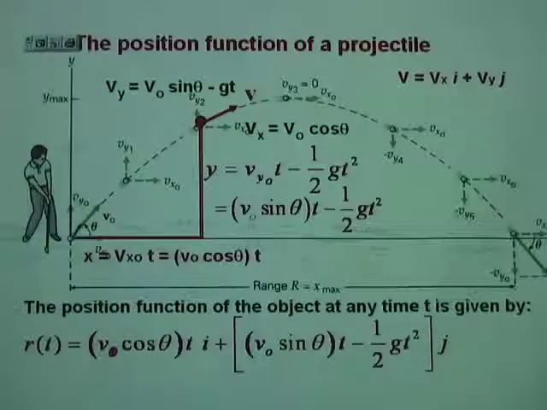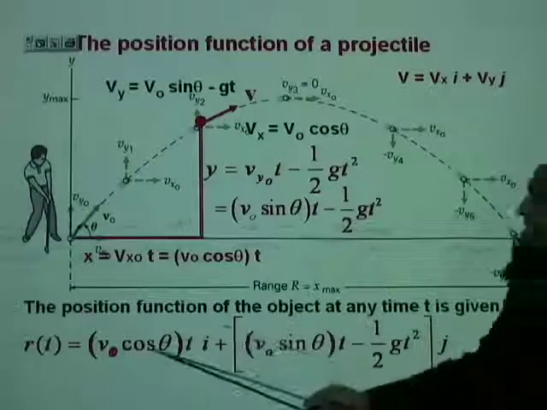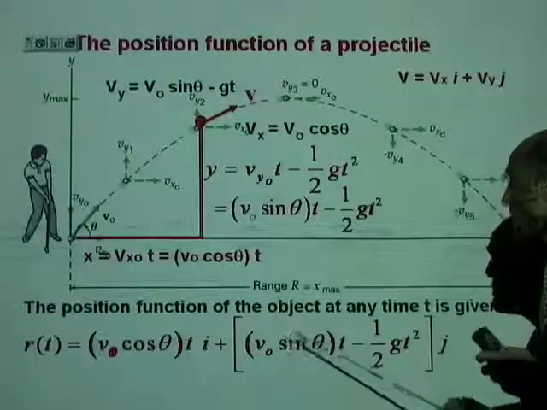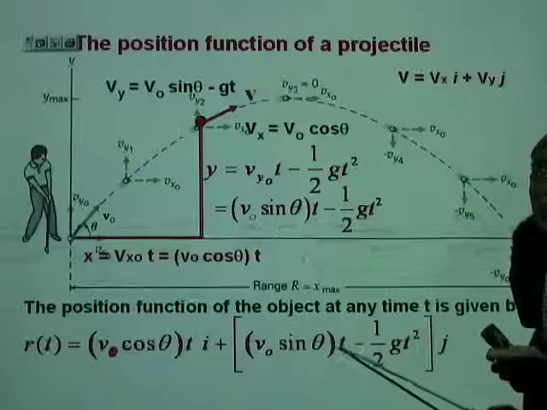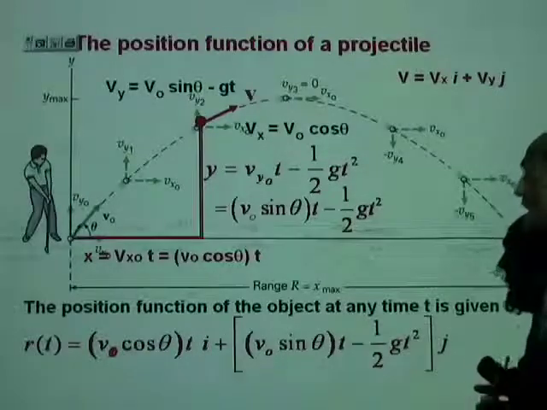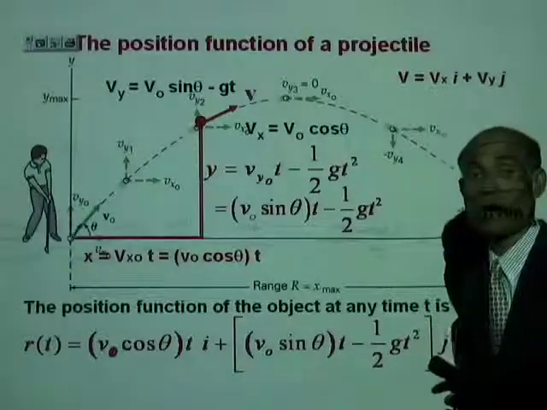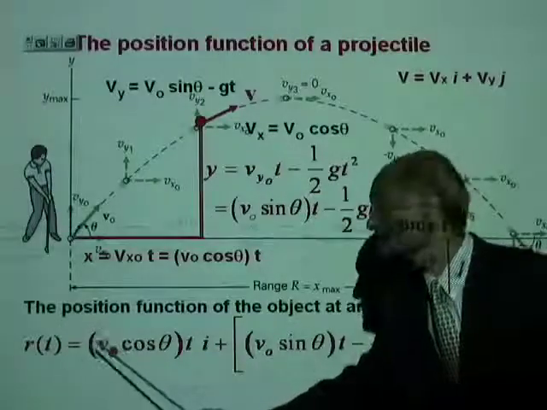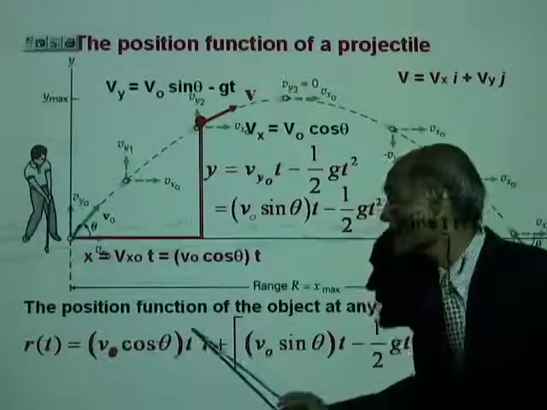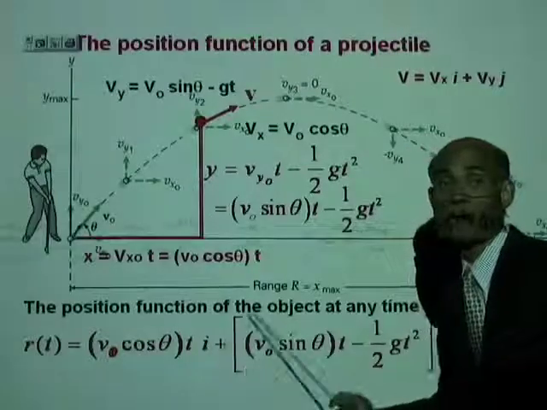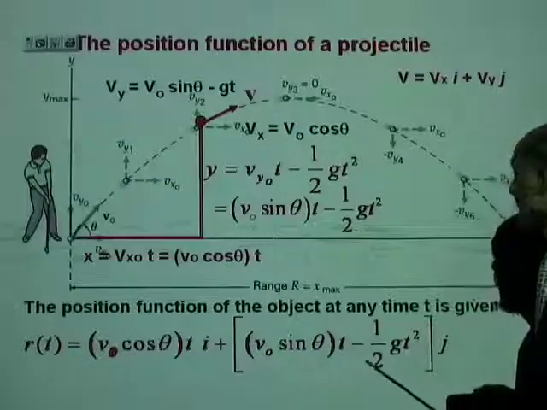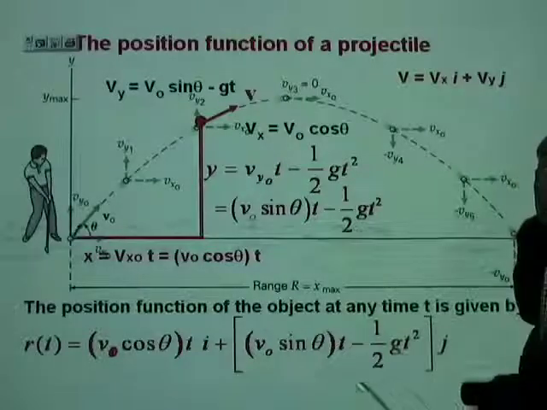So the x position will be V0 cos theta times t. This is the x position. And the y position is V0 sine theta t minus 1/2 gt squared. And so the position function is V0 cos theta t i plus V0 sine theta t minus 1/2 gt squared j.